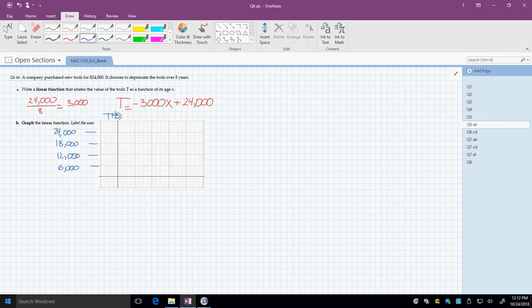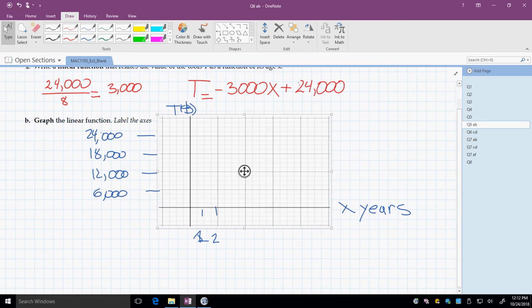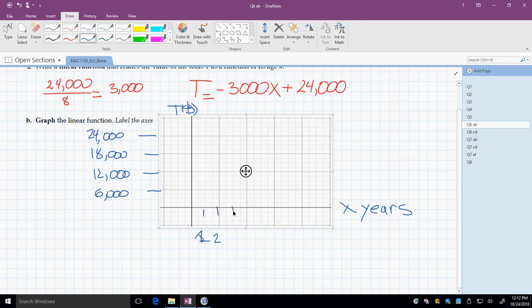Our x-axis is going to represent the years. So we can go 1, 2, 3, 4, 6, 7.